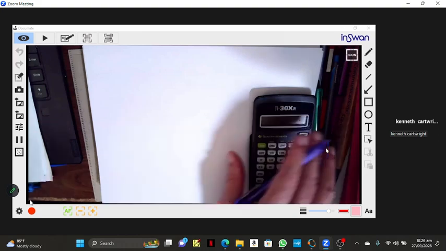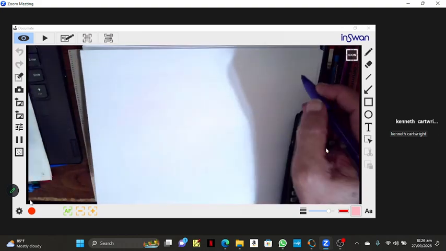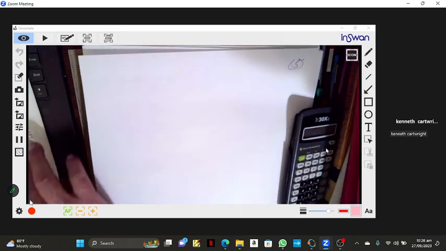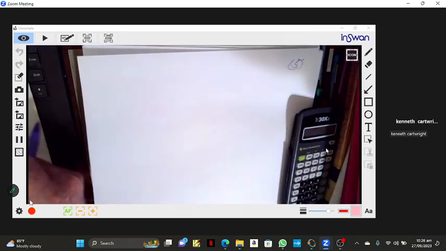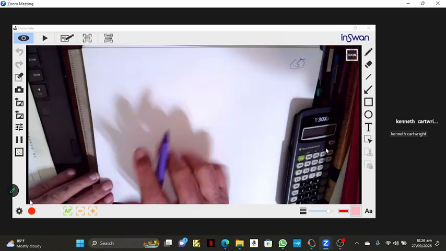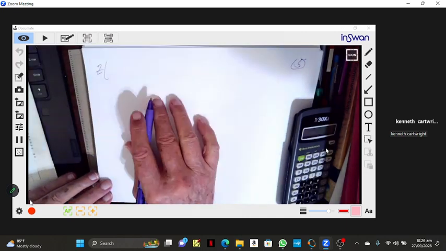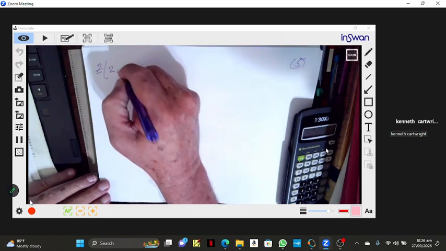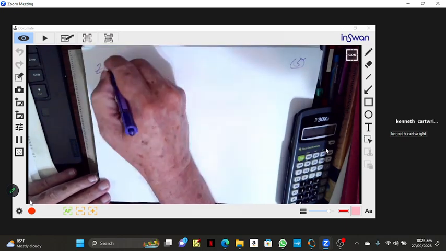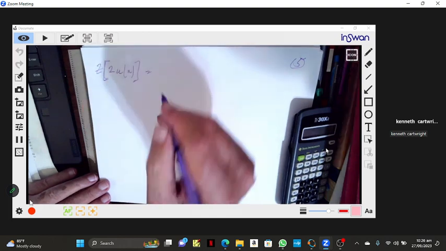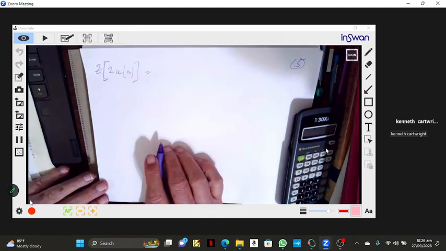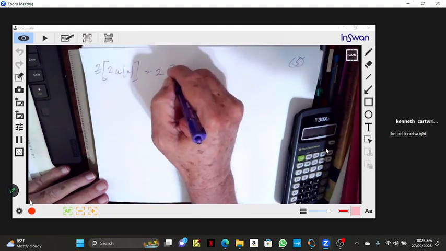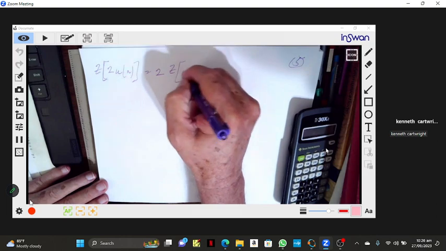Let me go back and tell you that's something that you should know intuitively. The transform of 2u of n, there should be no surprise when we can bring out the 2 times z of u of n.